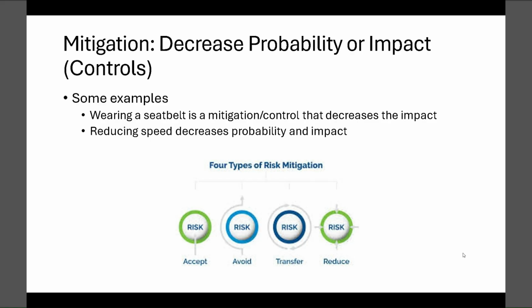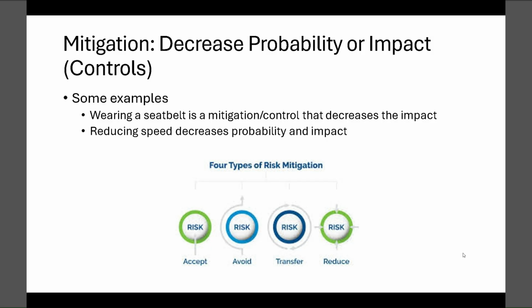Now, if I reduce my speed while driving, that both decreases the probability that I'll be in an accident because it gives more reaction time for both myself and others. And it also will decrease the impact because at lower speeds, there's less energy, so the impact will be less. So some controls or mitigations decrease probability, some decrease impact, and some decrease both.